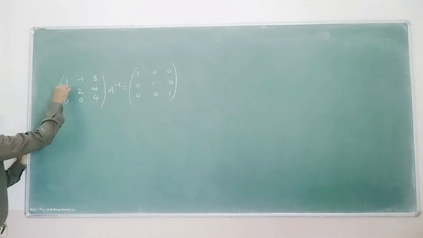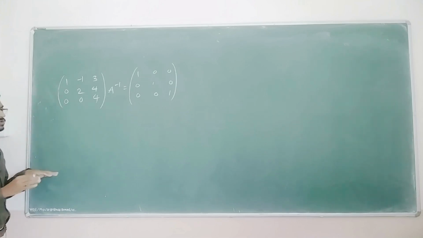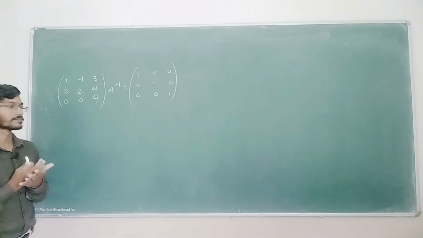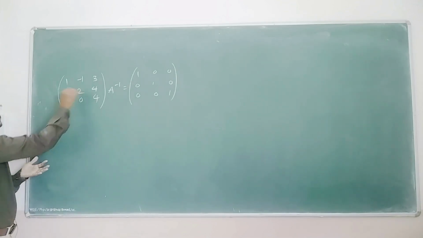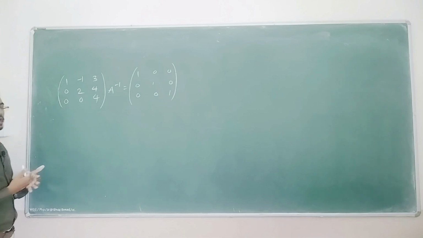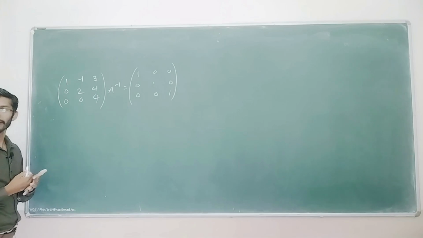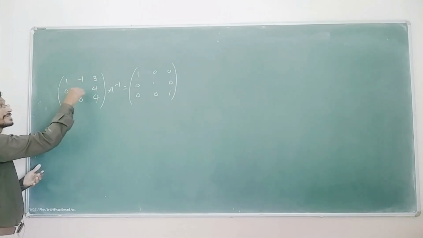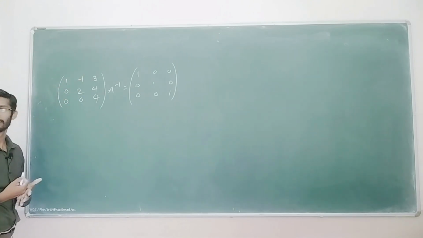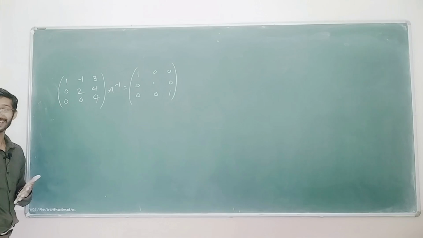Okay, so because all three elements are already 0, I have to make this element equal to 1. How can I do this? I have two different methods. I can divide this by 2, or I can add this. Which one should I use? Divide. Because if I add this, the 0 will vanish. Okay, you should think like that.